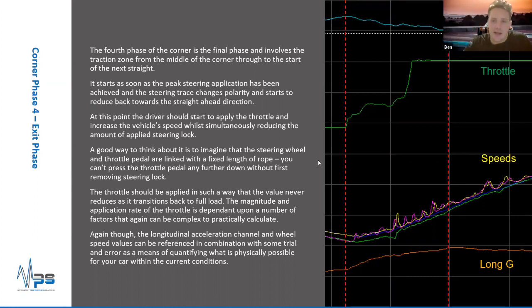So that's what we're looking for, is the common one, and quite often you'll get drivers complain of specifically corner or mid-corner or corner exit understeer, is where the car hasn't finished turning yet, so you're asking a lot of the front wheels, but the driver has already picked the throttle up. It's probably the most common thing I see, especially working with amateurs.